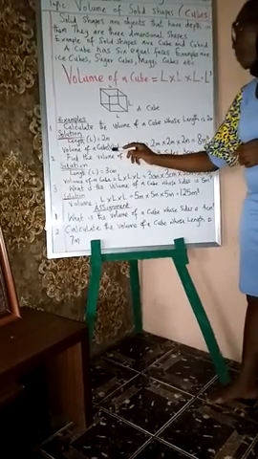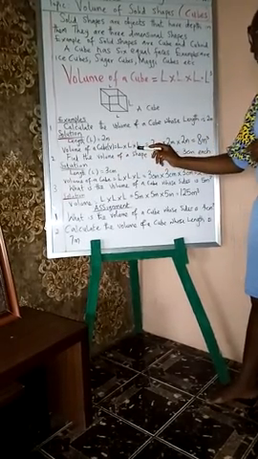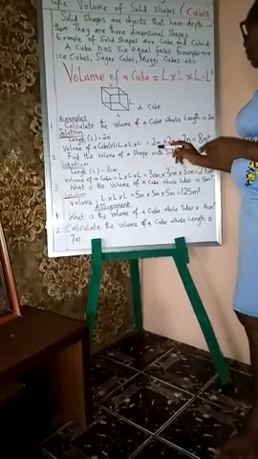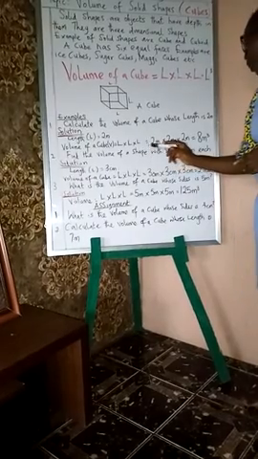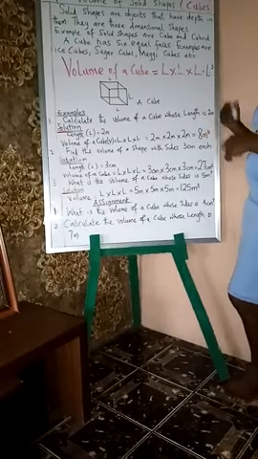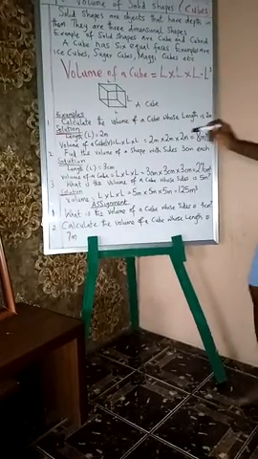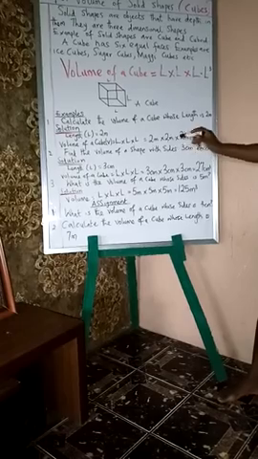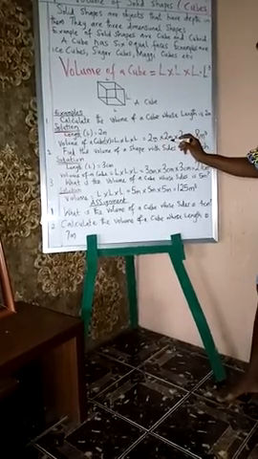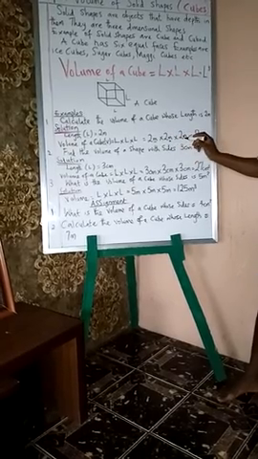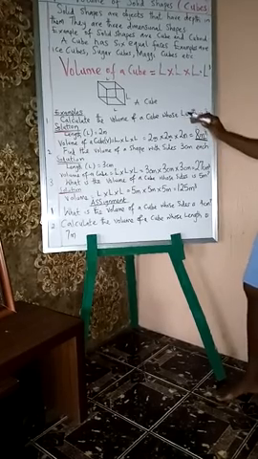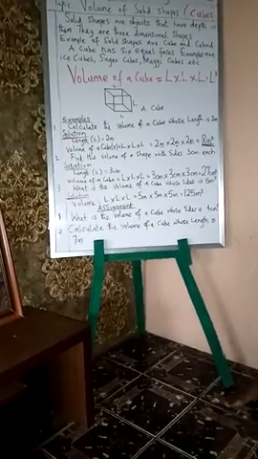The volume of the cube, V, is going to be L times L times L. That means L cube, which if I substitute the length to be 2 meters, I have the volume to be 2m times 2m times 2m. Then referring back to your indices, you remember? Good. 2 times 2 is what? 4. 4 times 2 gives you 8. Now, m times m gives you m square. M square again times m gives you m cube. That means m raised to power 3. Therefore, our volume now of this cube is 8 meters cube.